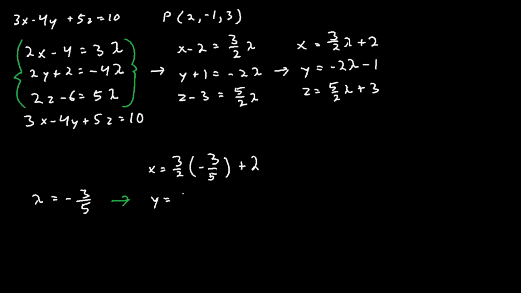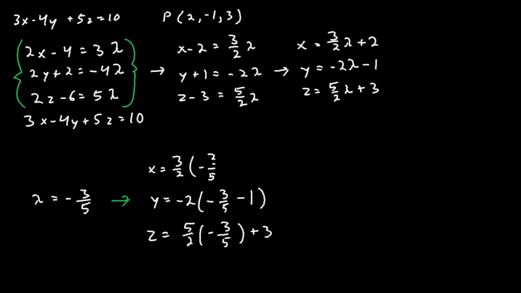Y is equal to negative 2 times negative 3 over 5 minus 1. And z is equal to 5 over 2 times negative 3 over 5 plus 3. And I made a quick mistake here. This should be minus 1 outside of the parentheses.